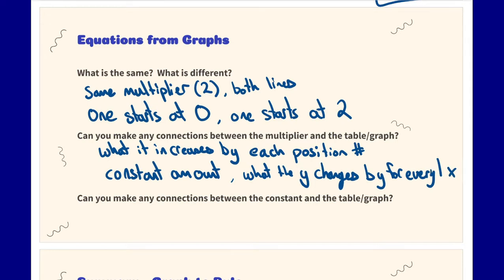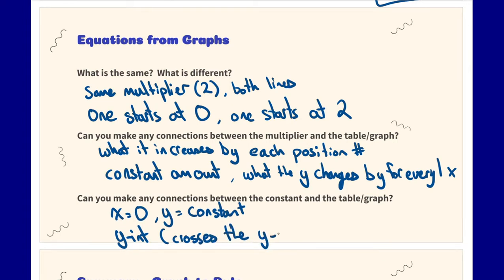What do we notice about the constant and the connections between the constant and the table and the graph? Right, when x equals 0, y equals the constant. So we've talked about that previously. You might also mention that it's the y-intercept, where it crosses the y-axis.